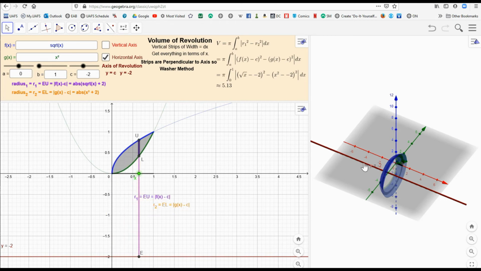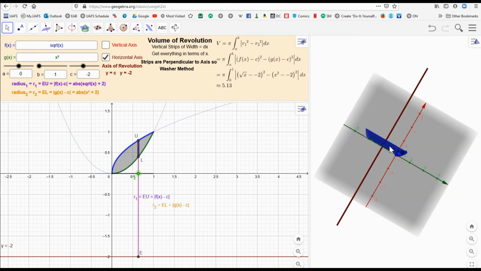And as I move that, you can see the washers being formed by that strip over here on the right. So there you get your little washers for different shapes. The washer may be smaller in thickness but wider around here, or whatever, different shapes there. And you can spin this thing around a little bit and look at it.